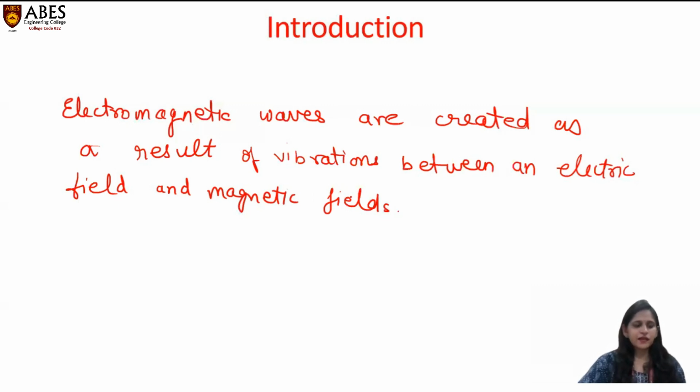Okay, electric and magnetic fields. And we can also say that EM waves are composed of oscillating magnetic and electric fields, right? Generally, an electric field is produced by a charged particle.